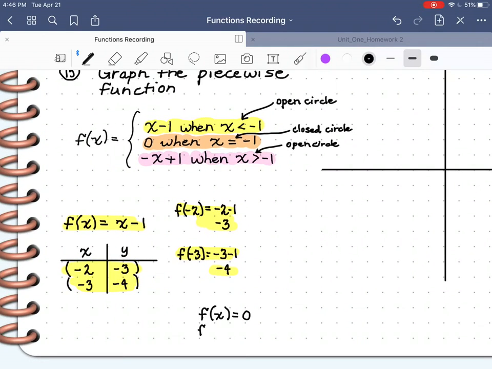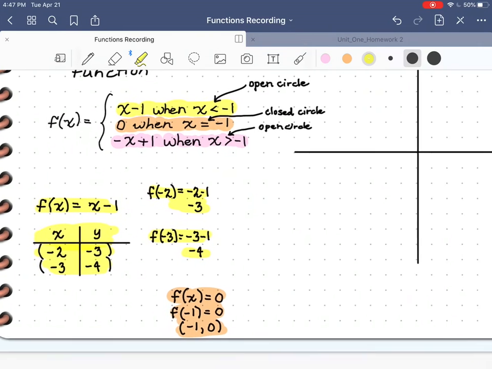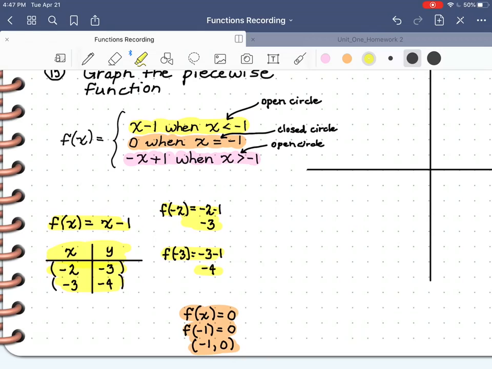So if we let x be negative 1, the output is already defined for us. So this point would be negative 1, 0. And that is the yellow part of the function. I'm sorry, the orange part of the function. These drive me nuts. Okay, the pink part.